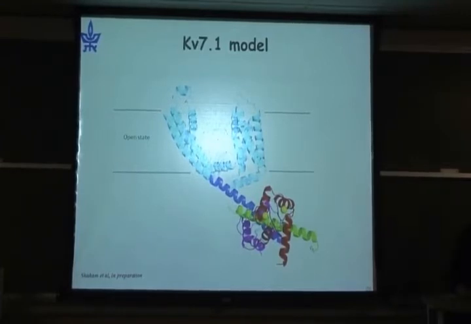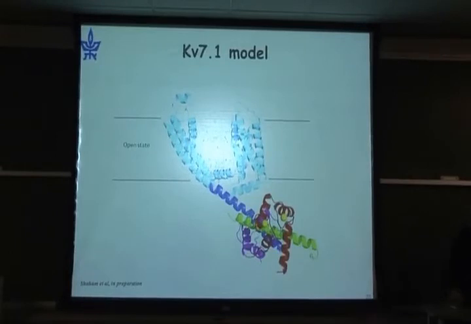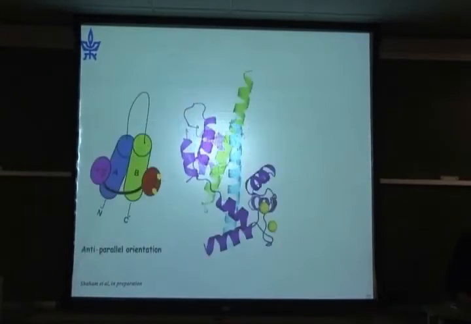But then things complicated, and again, the crystal structure does not solve everything. In the structure, we found that one molecule of calmodulin is actually bridging two different subunits in the crystal structure.